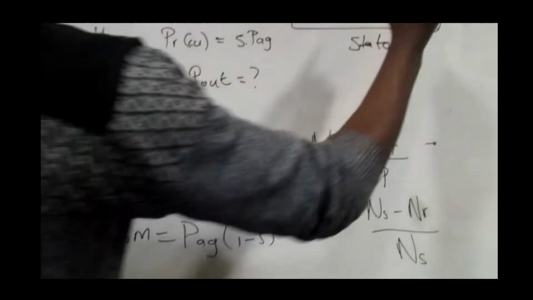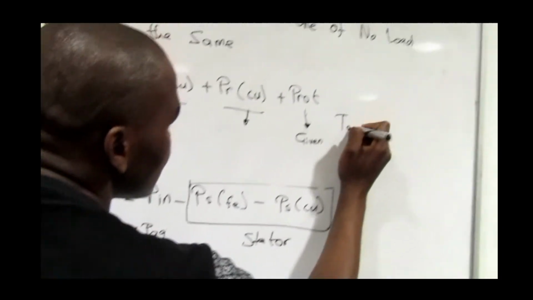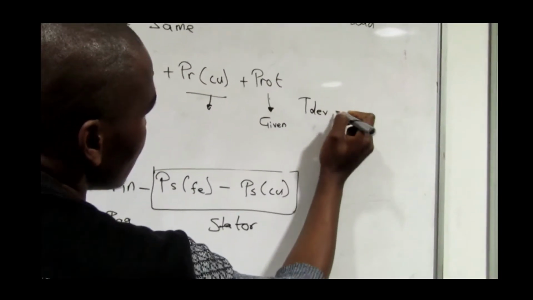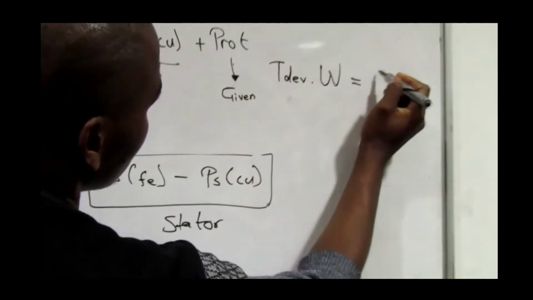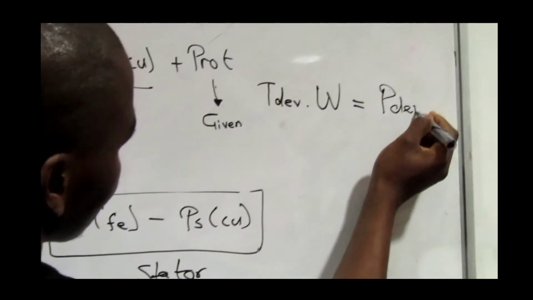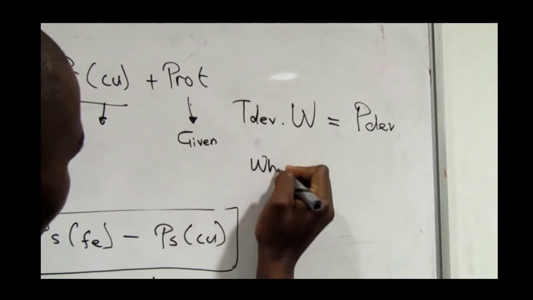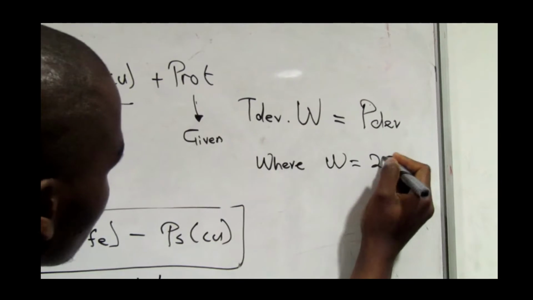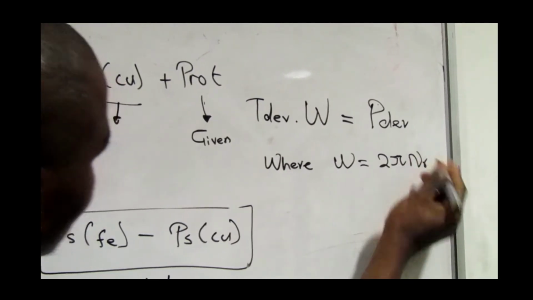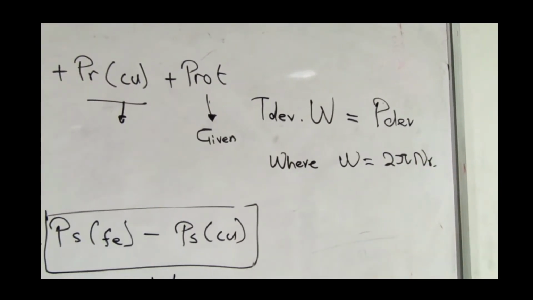And then the P developed, you can calculate it using, okay, before we come here, I want you to remember that T developed times omega is equal to P developed, where omega is equal to 2 pi n r. This r is for rotor.